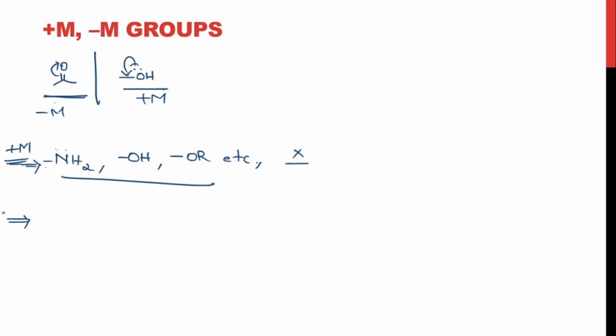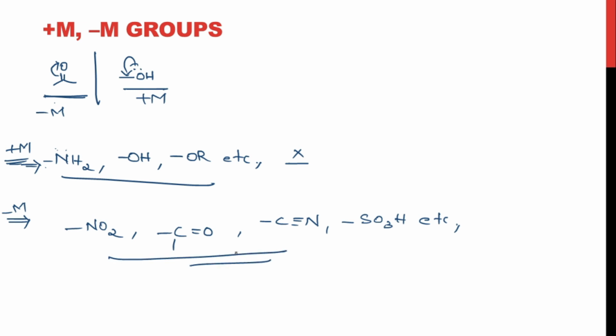And coming to the minus M groups, the examples are nitro, keto or aldehyde group. Both of them have withdrawing nature. Cyano group, SO3H, etc. All these have withdrawing nature.